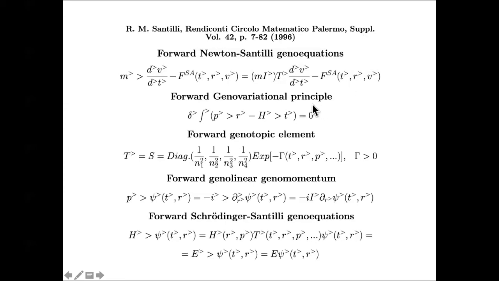Another important implication of the Gano differential calculus is that all infinitely possible regular and non-singular Newton-Santilli Gano equations can be uniquely and unambiguously represented with a new variational principle, which is introduced here as the forward Gano variational principle.